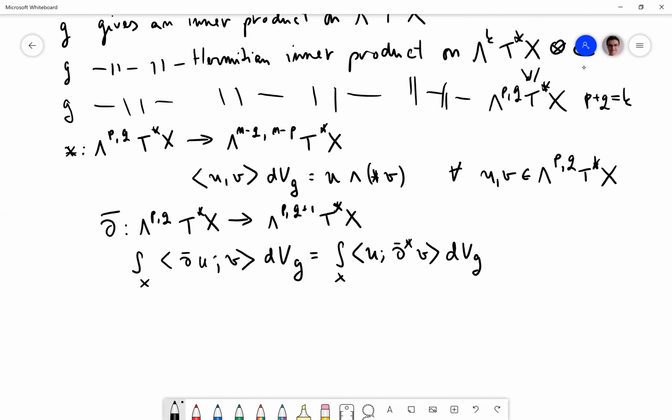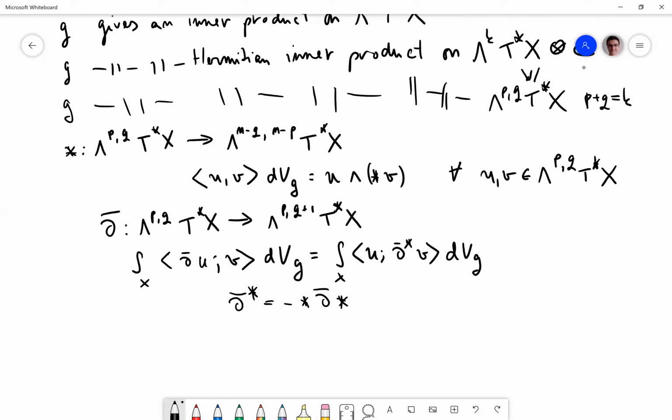And when you work things out, you replace this expression with this expression here, do exterior differentiation, and then undo things. What you will see is that Delbar star will equal negative star del star, that is, negative star Delbar star. Somehow the negative 1 power is simpler in the complex case, because the real dimension of complex manifolds is always even.